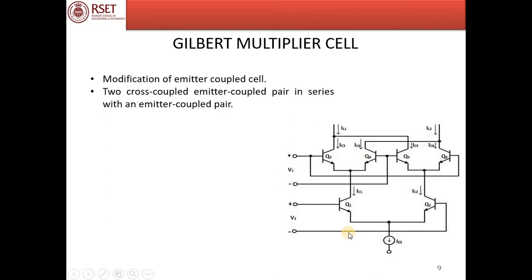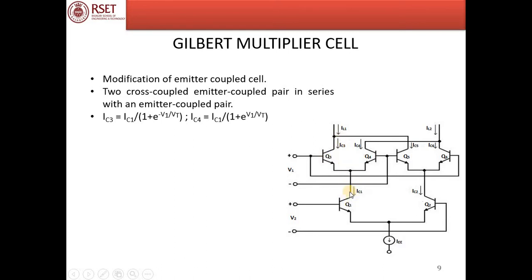Now the current directions are marked. We will write the equations of all these currents IC3, IC4, IC5, IC6, IC1 and IC2 in terms of the threshold voltage and voltages as in the previous case. So how will we write IC3? For this emitter coupled pair, the bias current is IC1. The current flowing through this portion is IC1.